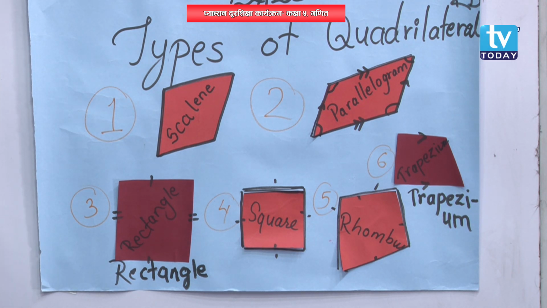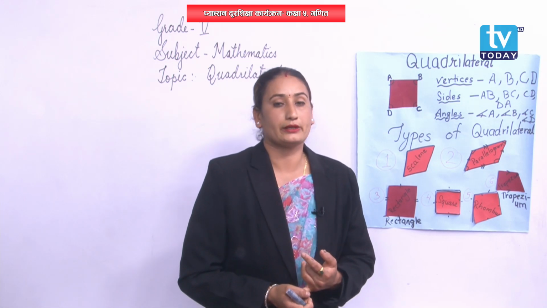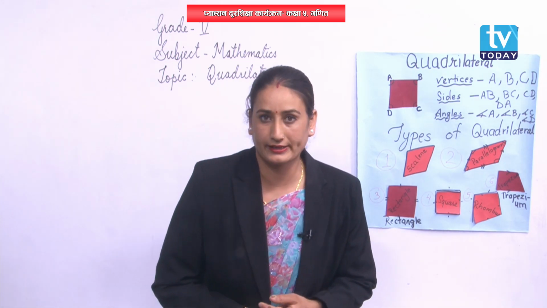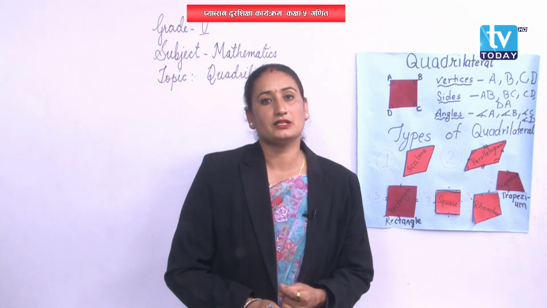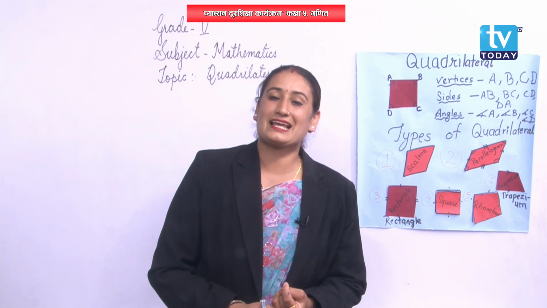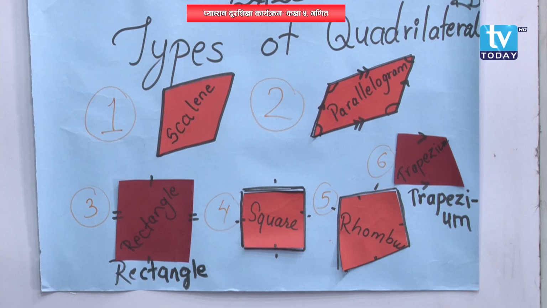Okay, let's define it. If opposite sides are equal and parallel, then we call it a parallelogram. Not only opposite sides, we can say opposite sides and angles both. If they are equal and parallel, then we call it a parallelogram.